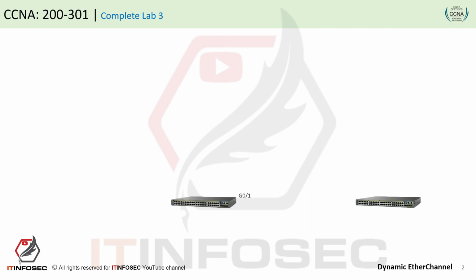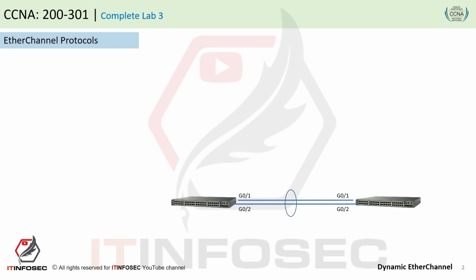Dynamic configuration involves enabling a protocol for a specific channel group number, allowing switches to exchange messages and validate configuration settings with neighboring switches. If a physical port meets configuration requirements, it's added to the EtherChannel. Otherwise, it remains in a down state until inconsistencies are resolved.